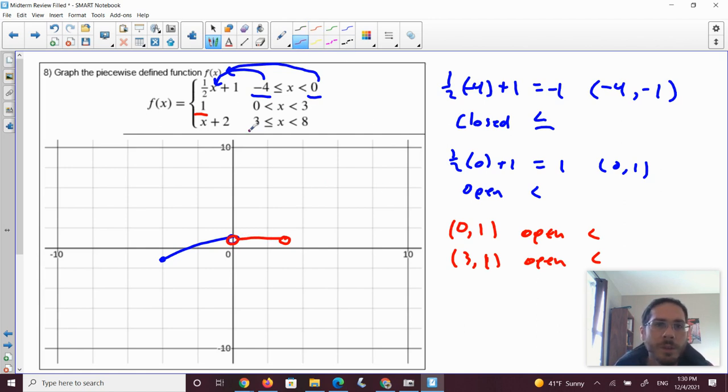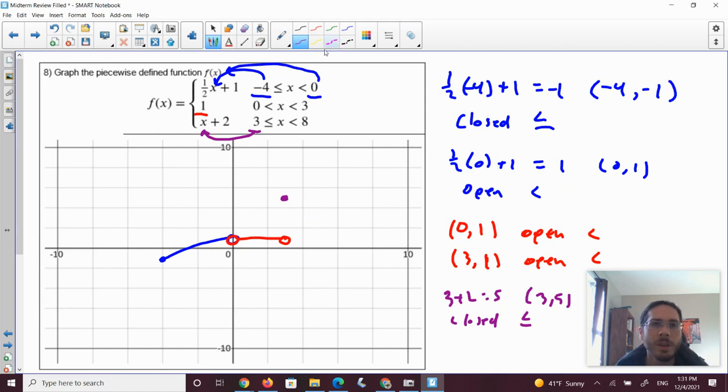For the last piece, we use the final equation. We'll plug 3 in for the x. So it's going to be 3 plus 2 is 5. So we've got 3, 5. Again, that's going to be closed because we have the or equal to sign. So 3, 2, 4, 5. I got to estimate, but it's nice.